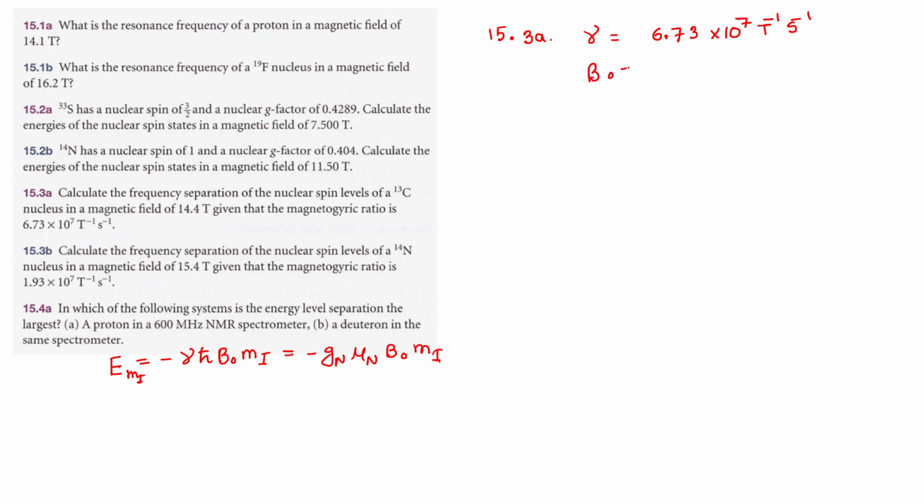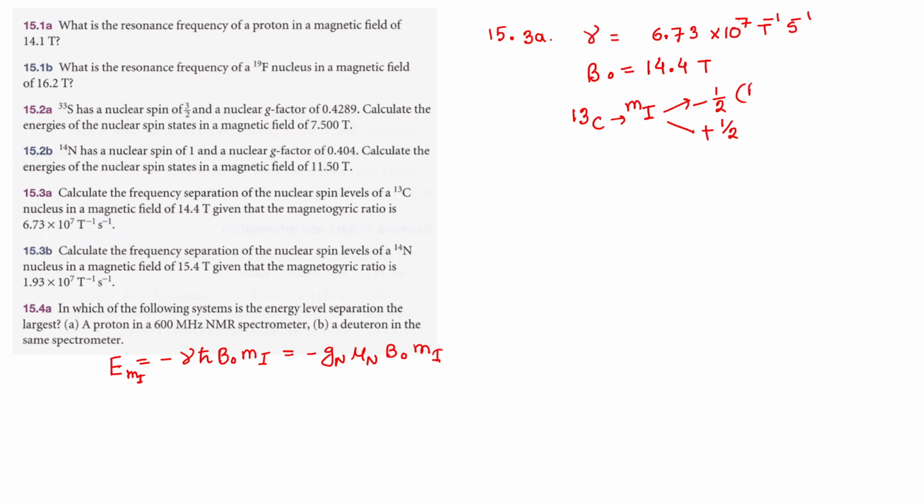B0 is given, that is 14.4 Tesla. The frequency of separation for 13C, between mI plus half and minus half, or I should write minus half and plus half in terms of energy if you want to say.